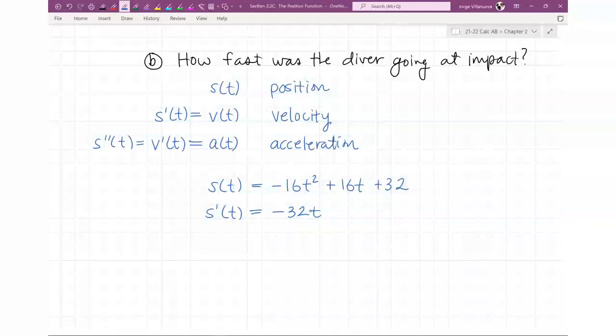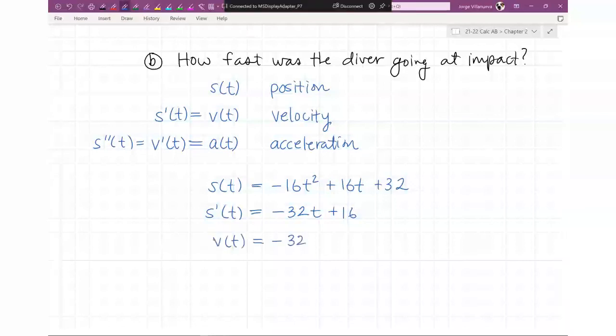Well, what was the derivative of x? 1. So t is just a variable, correct? So what's the derivative of t? 1. So the derivative of 16t is 16. What's the derivative of 32? 0. Okay, there's my velocity function.